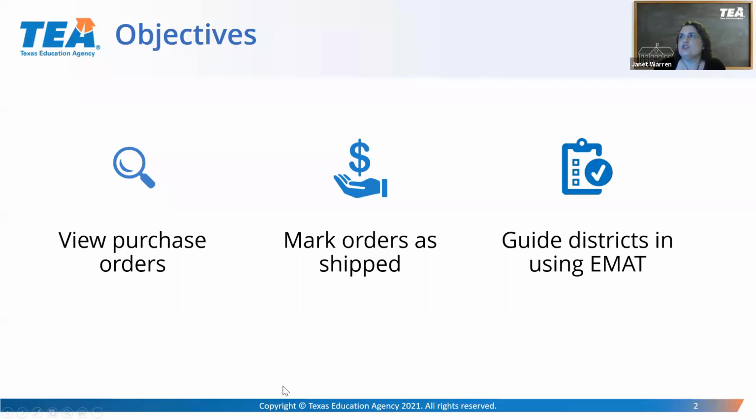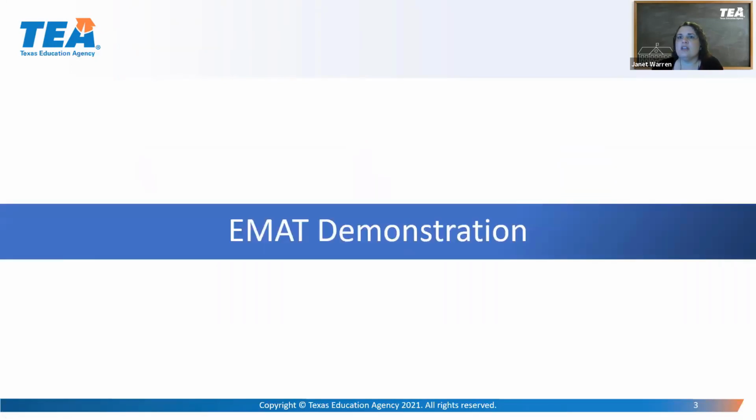So today, at the end of this session, you should be able to view purchase orders in EMAT. You should be able to mark orders as shipped, and you should be able to assist districts in using EMAT. So we're going to start with an EMAT demonstration, and I'm going to walk you through several things in EMAT.